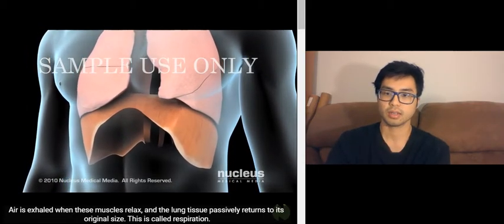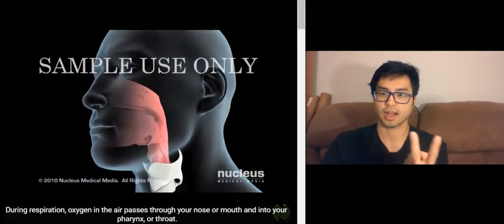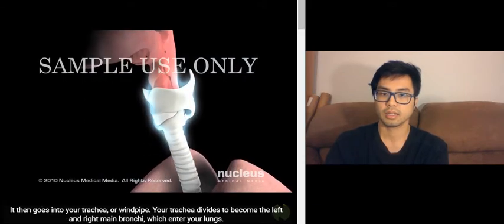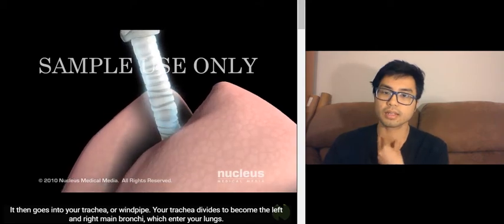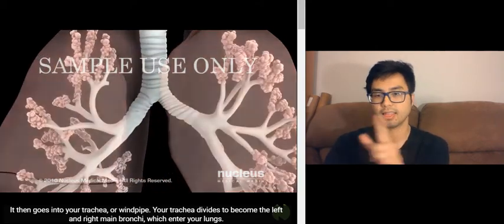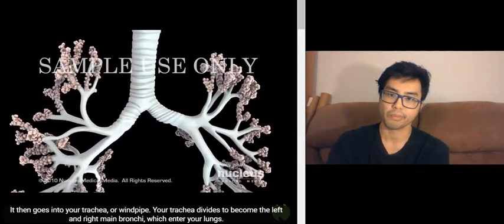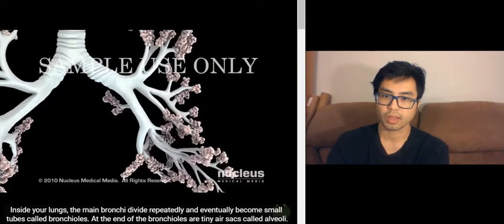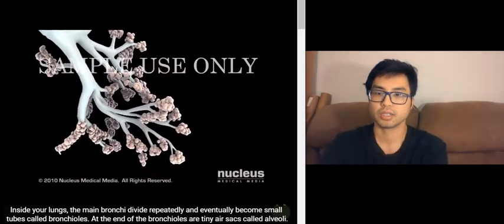This is called respiration. During respiration, oxygen in the air passes through your nose or mouth and into your pharynx or throat. It then goes into your trachea or windpipe. Your trachea divides to become the left and right main bronchi, which enter your lungs. Inside your lungs, the main bronchi divide repeatedly and eventually become small tubes called bronchioles.